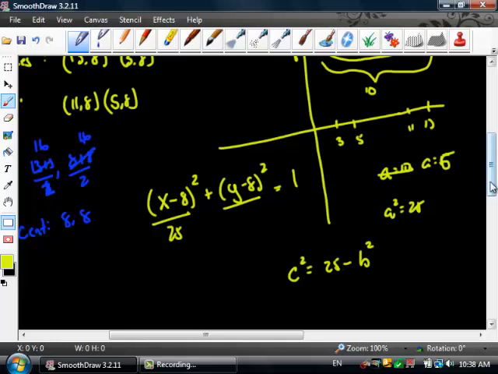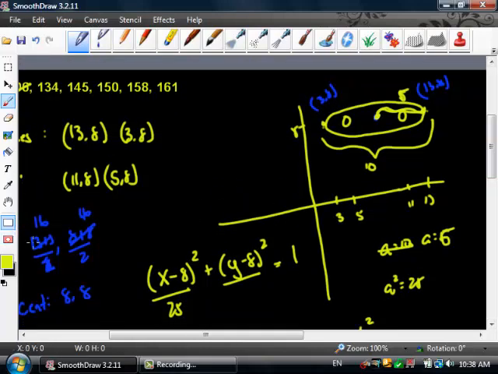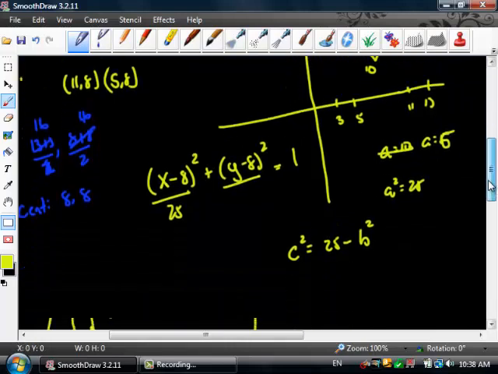But we need to find out what c squared is. Well, the distance between the center and this focus here, this is 5, 8, and this is 8, 8. What's the distance right there? 3. So c is 3, which means c squared is 9.